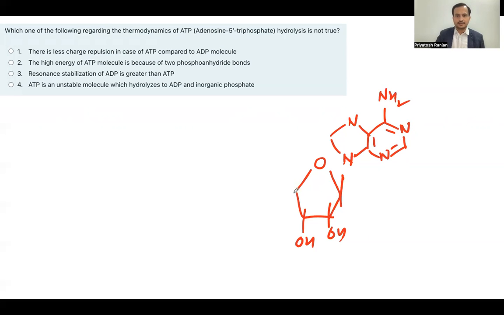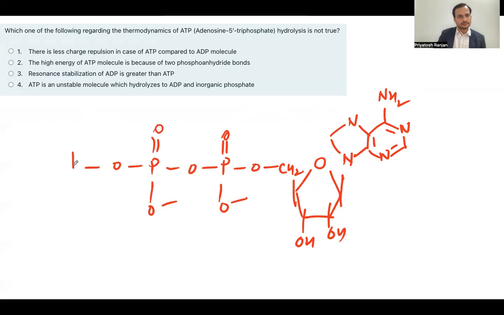And then I need to draw 3 phosphates. Remember, these are termed alpha, beta, and gamma.